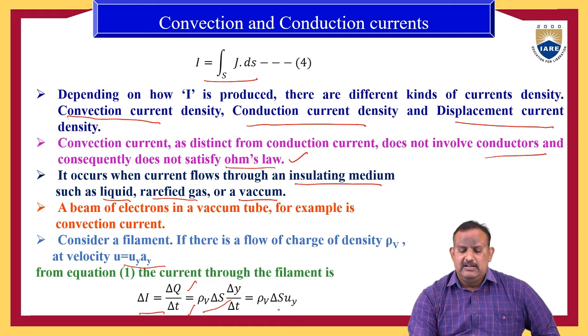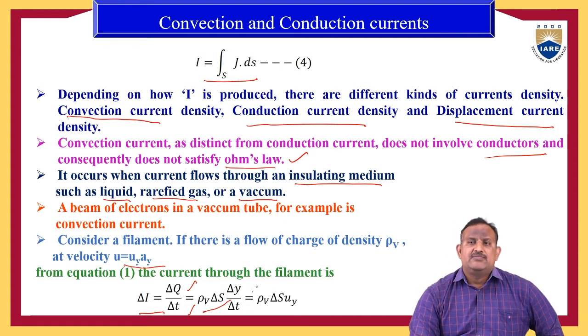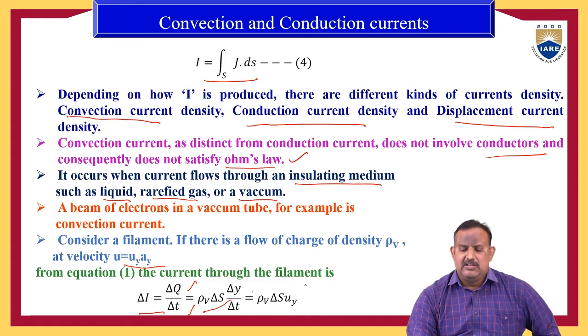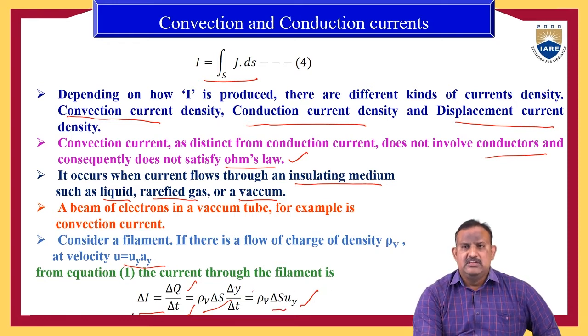So delta I is rho V into delta S into delta y by delta t. The rate of change of displacement gives the velocity Vy, because it flows along the y direction. Therefore the change in current is rho V, the volume charge density, into surface area into velocity along the y direction.